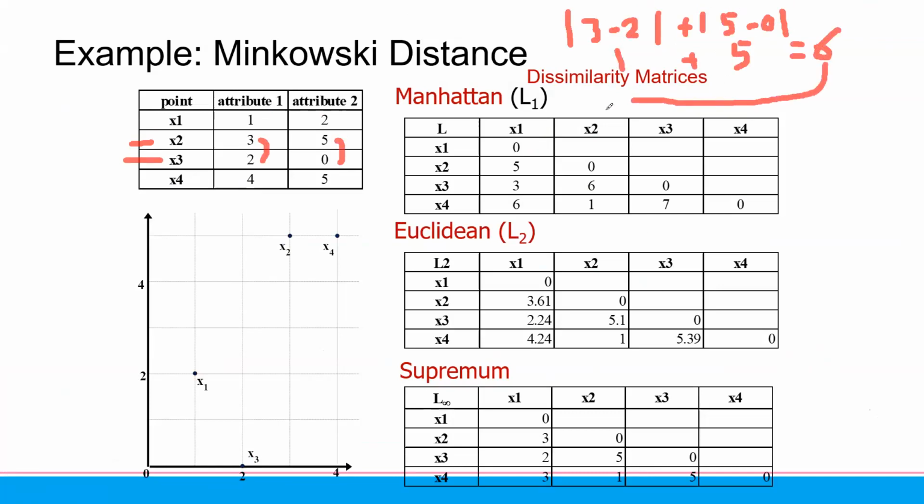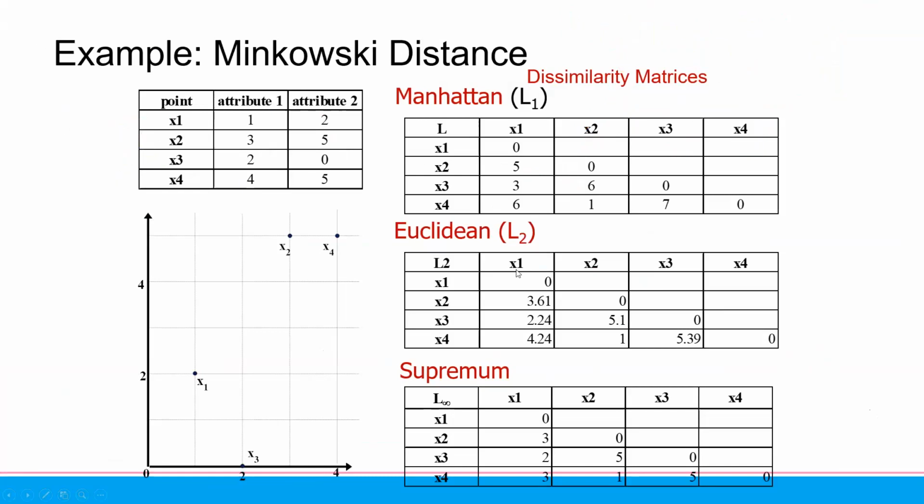And 6 is the value for the x3 and x2. So and so on. You can measure for every possible x1 and x2, x1 and x3, x1 and x4. We can put here 5 and 3 and then 6. We don't need to put the value in the other half because it represents the same 5 and 3 and 6.